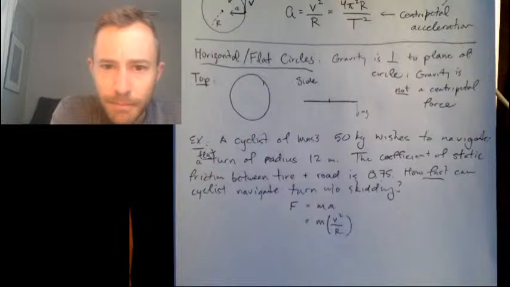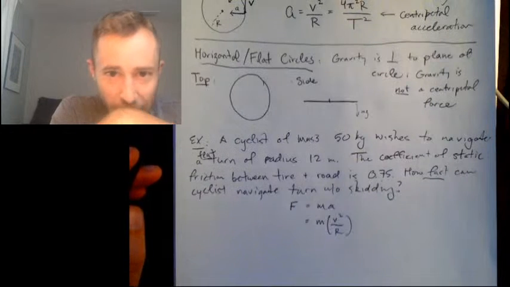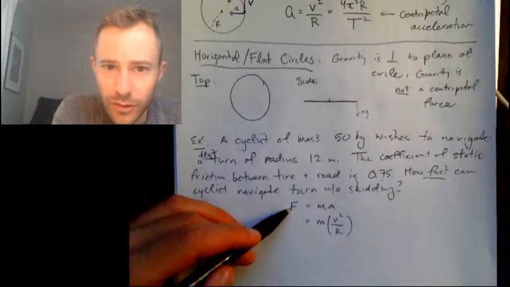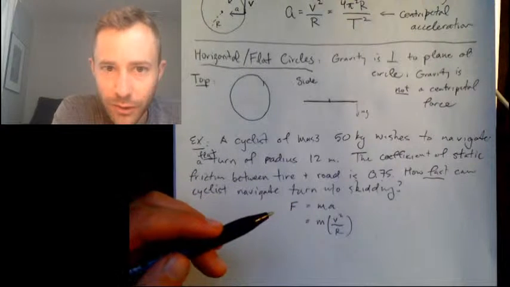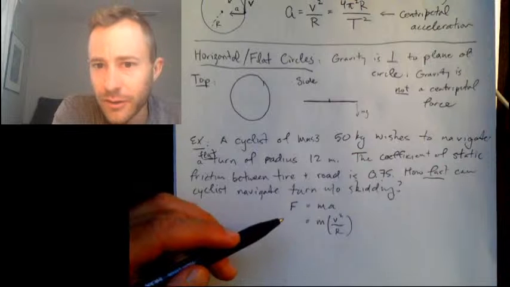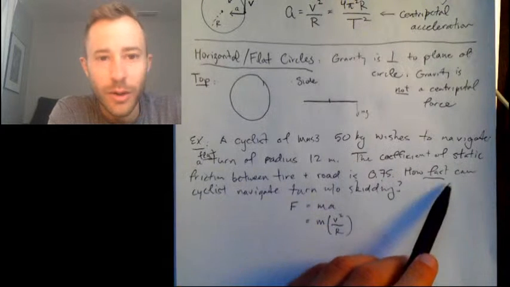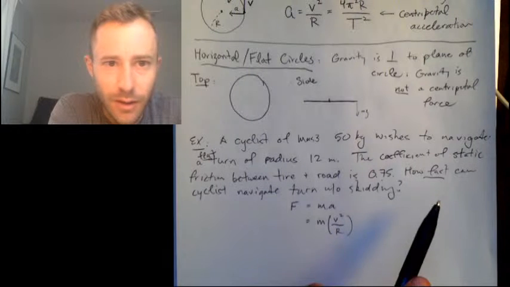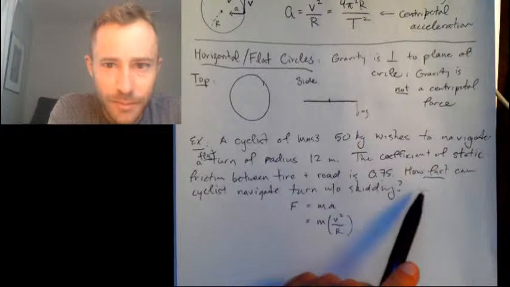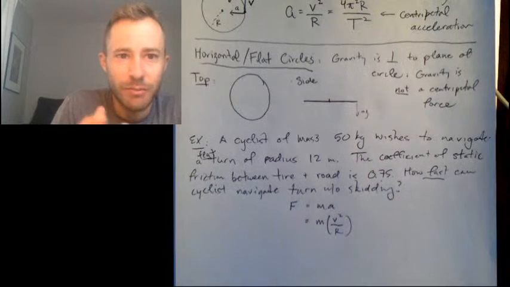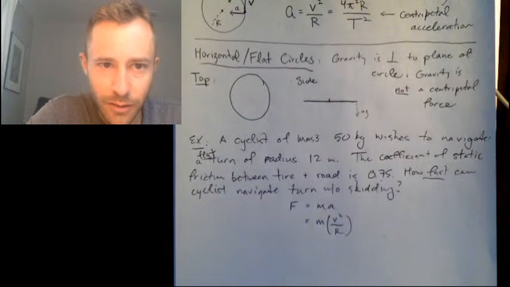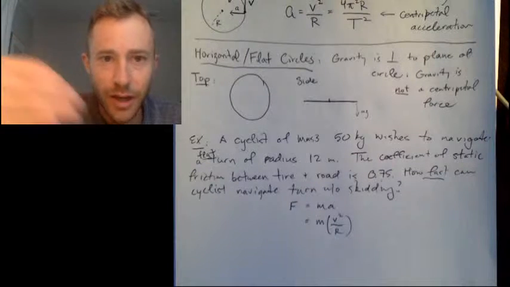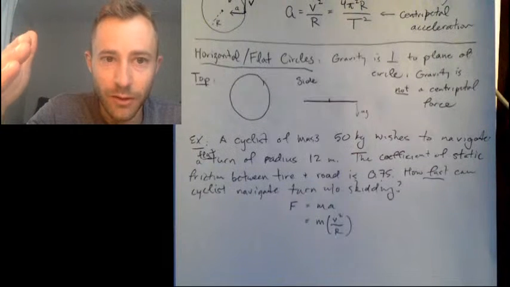Now the centripetal force in this case is static friction, and because we are going as fast as we possibly can in this circle, static friction is maxed out. So you might recall from our discussion of friction that static friction goes up to a maximum value.